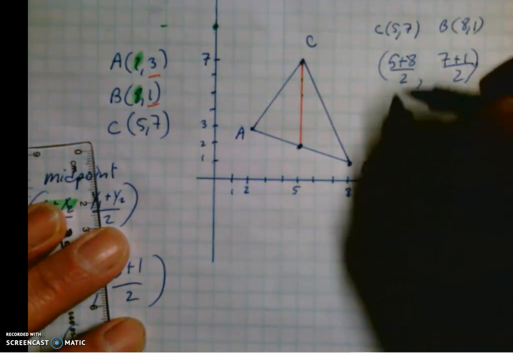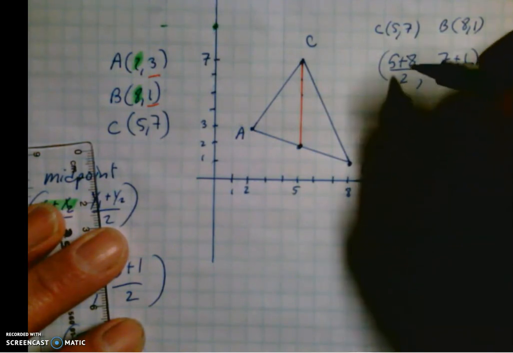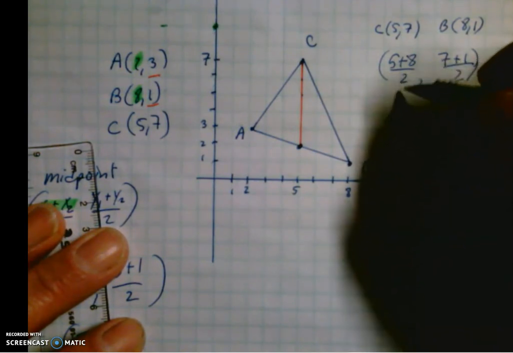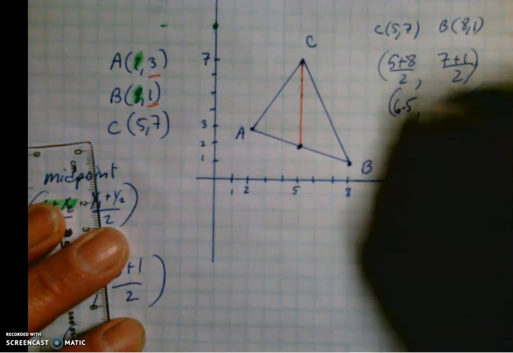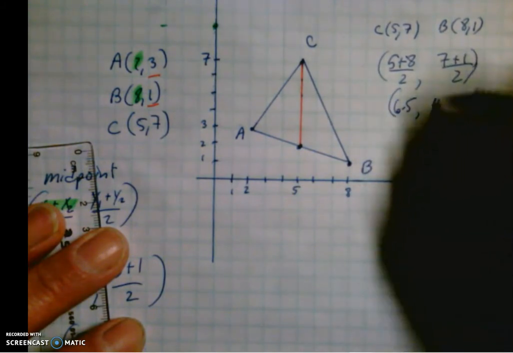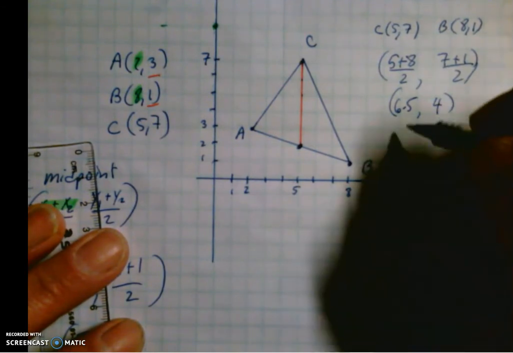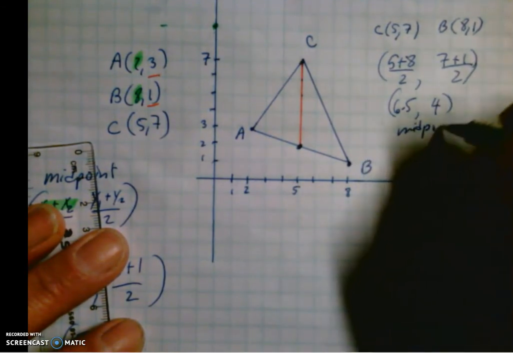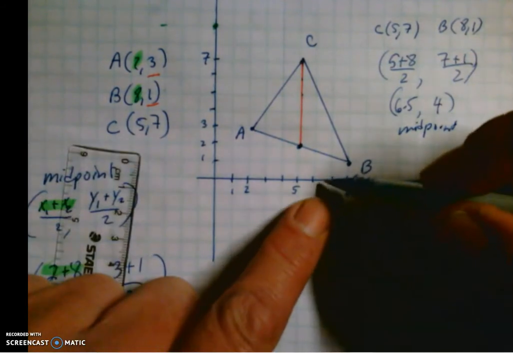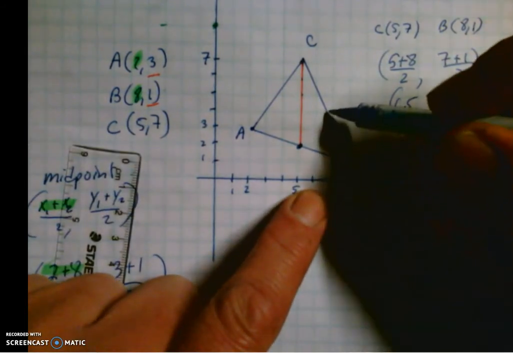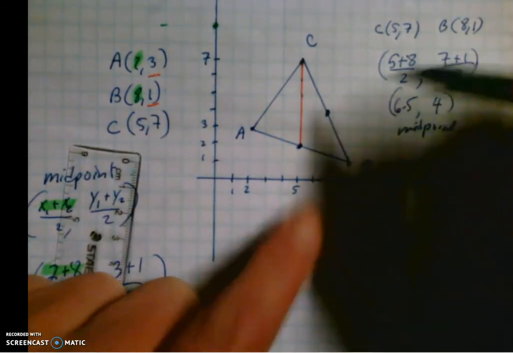So 5 plus 8 would be 13, divided by 2 is 6.5, comma 4, because 7 plus 1 is 8, divided by 2 is 4. So that's our other midpoint. It goes 6.5, and then up 4. It's right around there, 6.5, comma 4.